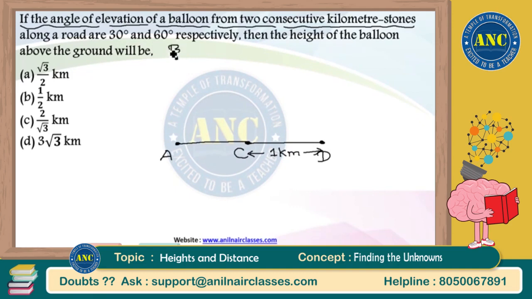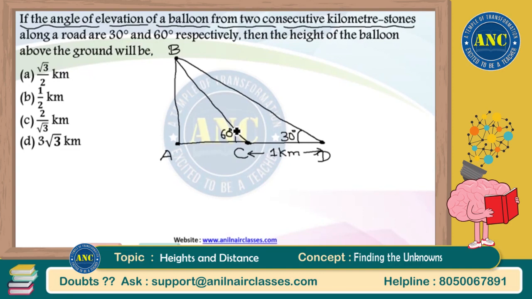Balloon starts with B, so I will represent it as B. This vertical line I will draw. The angle of elevation of the 2 consecutive kilometer stones from the balloon is given as 30 degrees and 60 degrees. This is 30 degrees. This angle is 60 degrees.